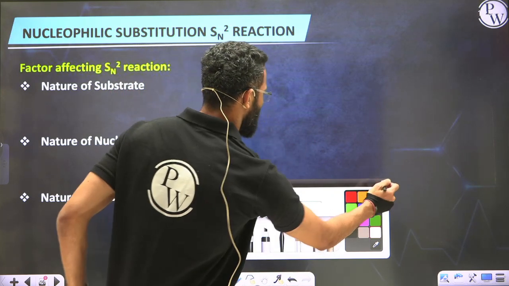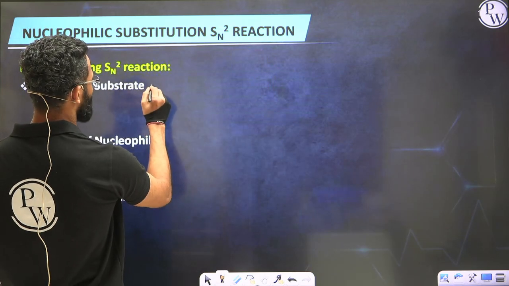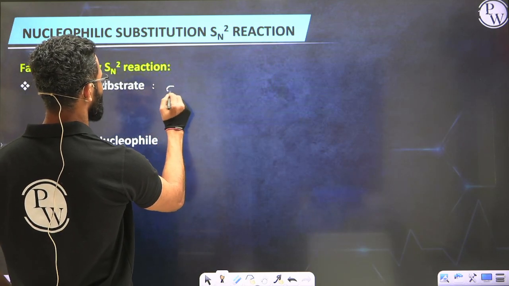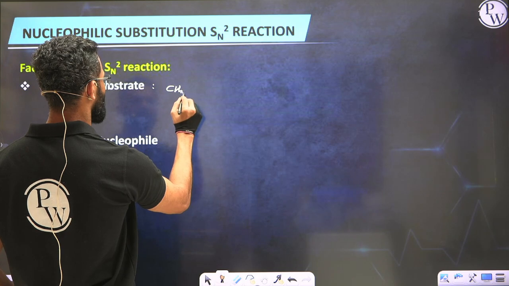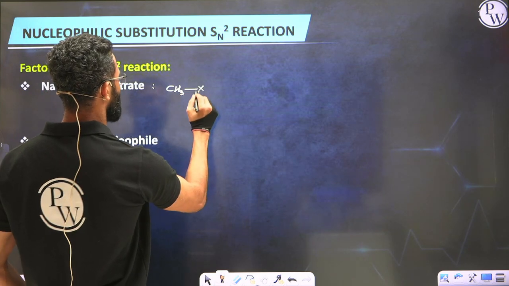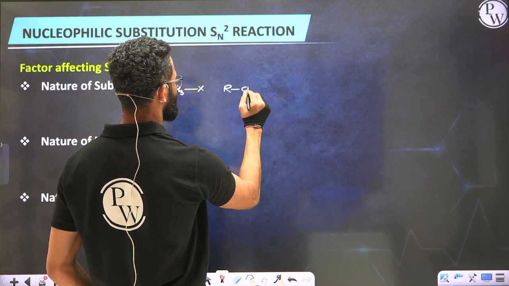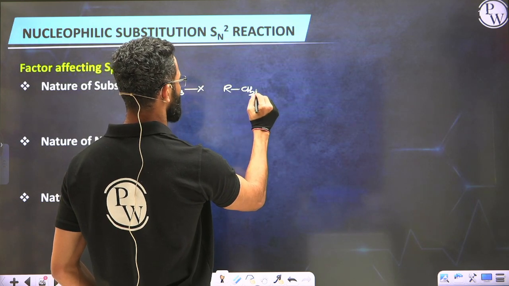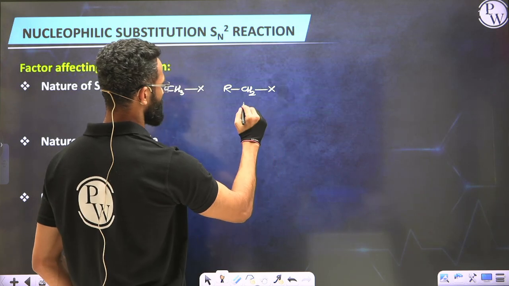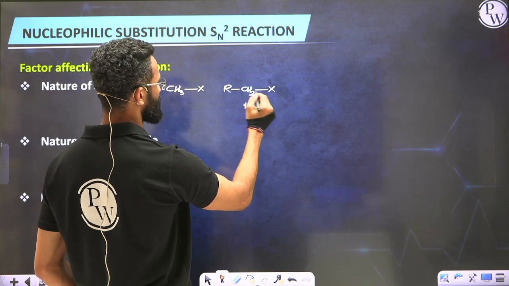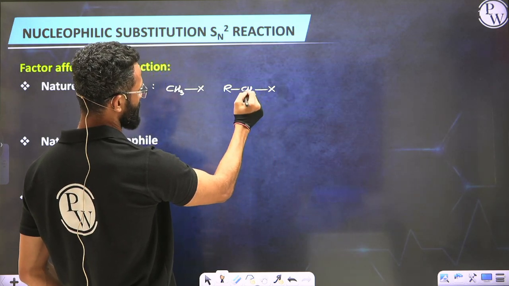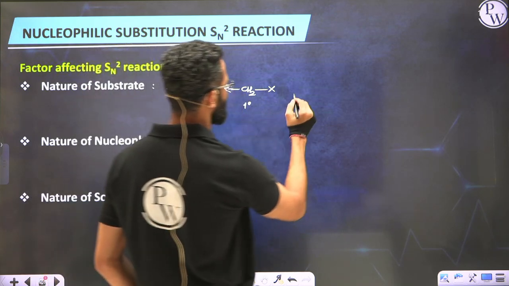Meaning, let's say I have got methyl halide compared with primary alkyl halide. That's primary alkyl halide because the halogen is connected to a carbon which is directly connected to only one carbon.